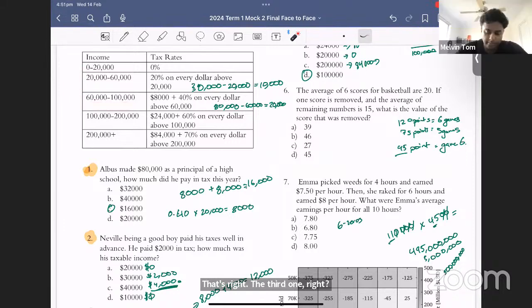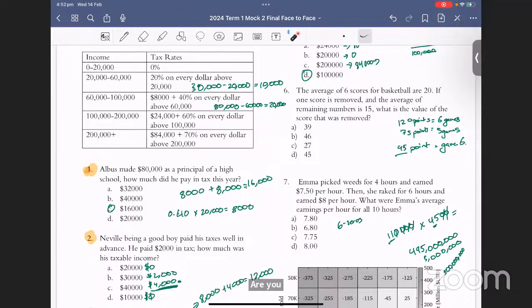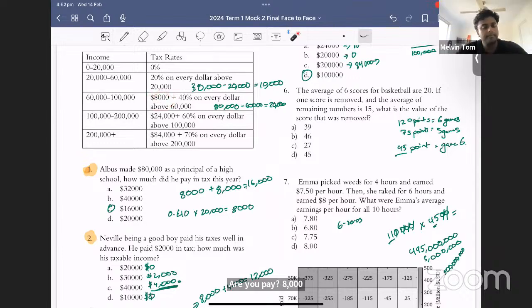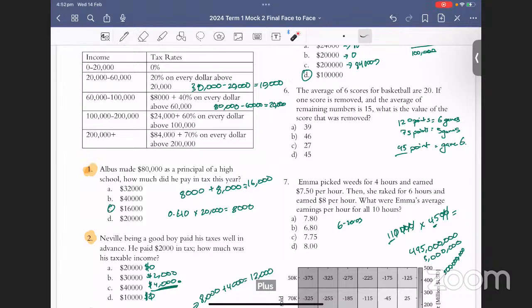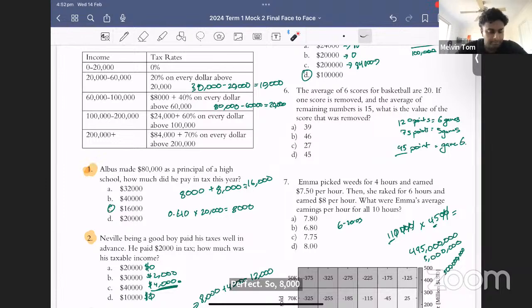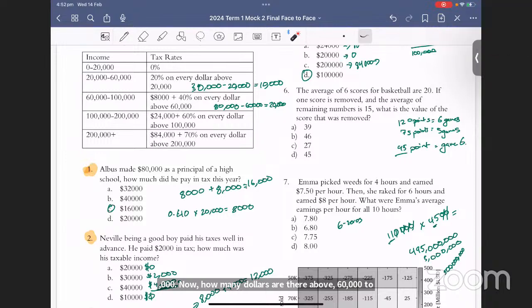And what's the tax you pay in the third section? You pay 8,000 plus 40% on every dollar above 60,000. Perfect. Now, how many dollars are there from 60,000 to 80,000? 20,000.